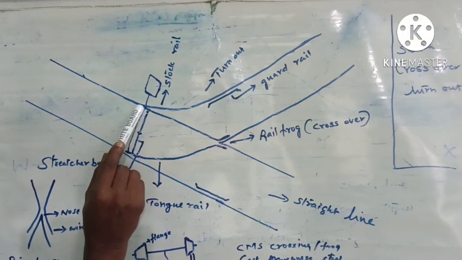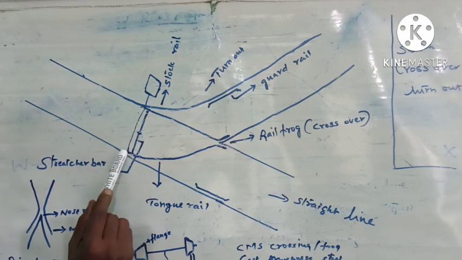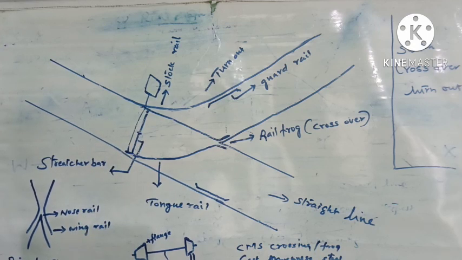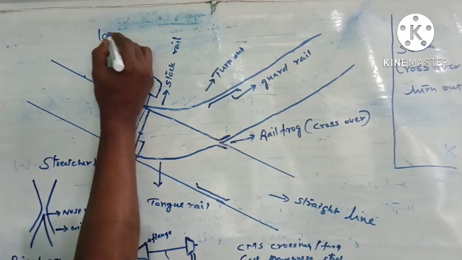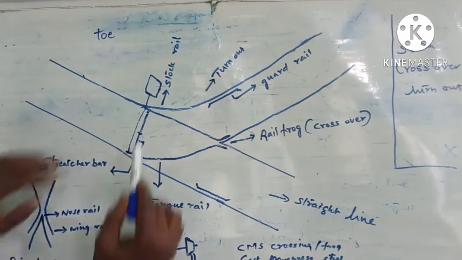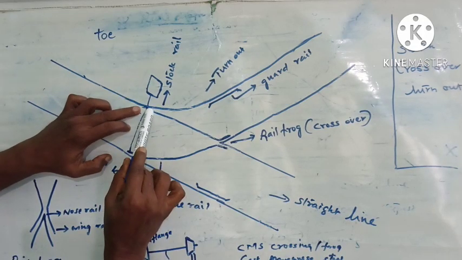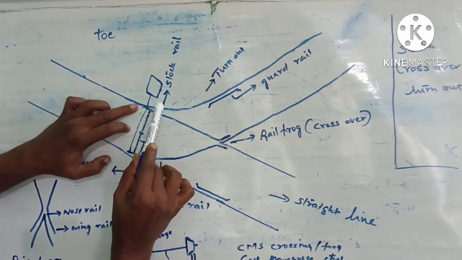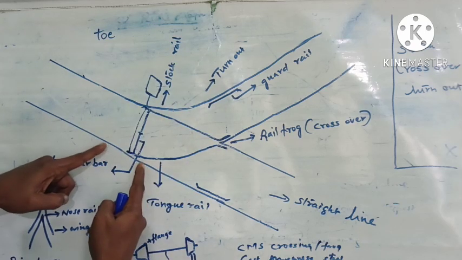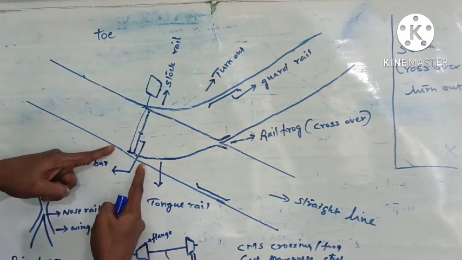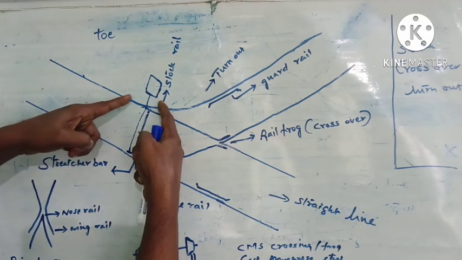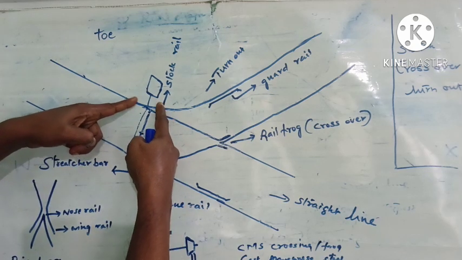The end of this tongue rail is called the toe of the tongue rail. Toe, T-O-E. The portion of the rail which is very close to this tongue rail is called stock rail. So here we can say this portion of this rail is stock rail. Here this portion of this rail is called stock rail.